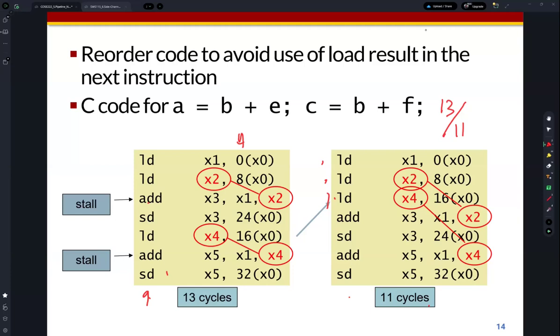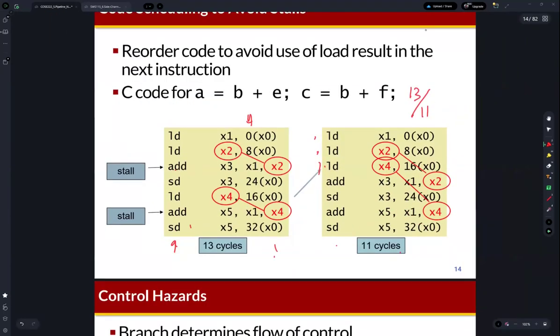So why? In this example, the compiler optimization is possible. It is because we can find available independent instructions inside of the basic block. So in the basic block, the compiler can apply the reordering of instructions, but it's not easy to reorder the instructions between basic blocks.